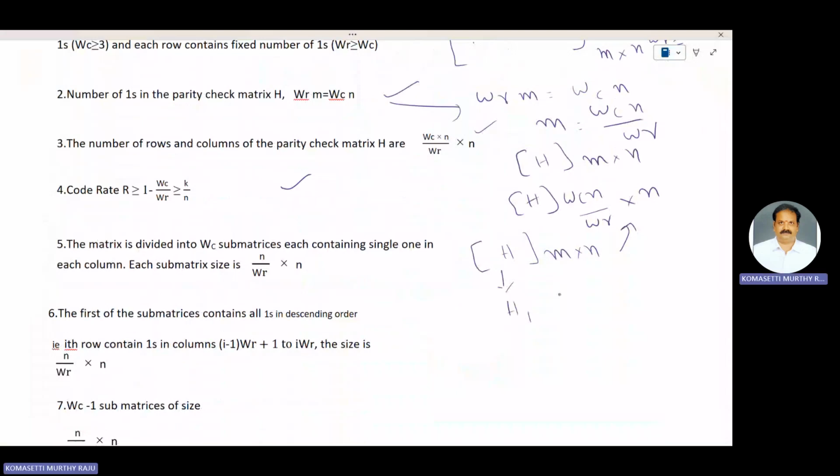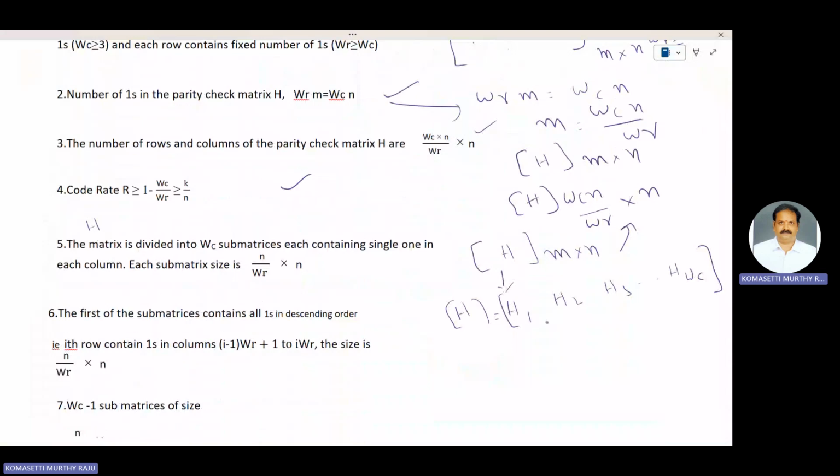Submatrix: this one is H1 submatrix, H2 submatrix, and H3 submatrix, and so on, up to HWC submatrix. The parity check matrix H is divided into WC submatrices, each containing a single one in each column.